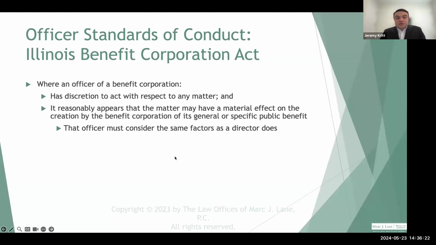When it comes to officer standards of conduct, they are essentially the same. So where an officer has discretion to act and it reasonably appears that that matter may have a material effect on general or specific public benefit purposes, the officer must also consider those same interests and factors that directors do.